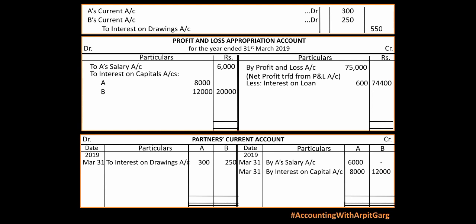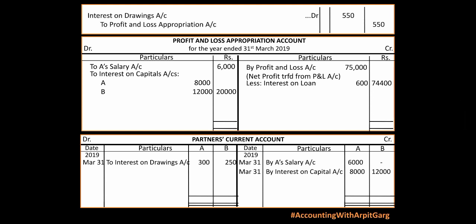Then, as interest on drawing account is credited here, so in closing entry, we will debit interest on drawing account and credit profit and loss appropriation account. And as we can see, interest on drawing is income for the firm. So, income it will be credited to profit and loss appropriation account.